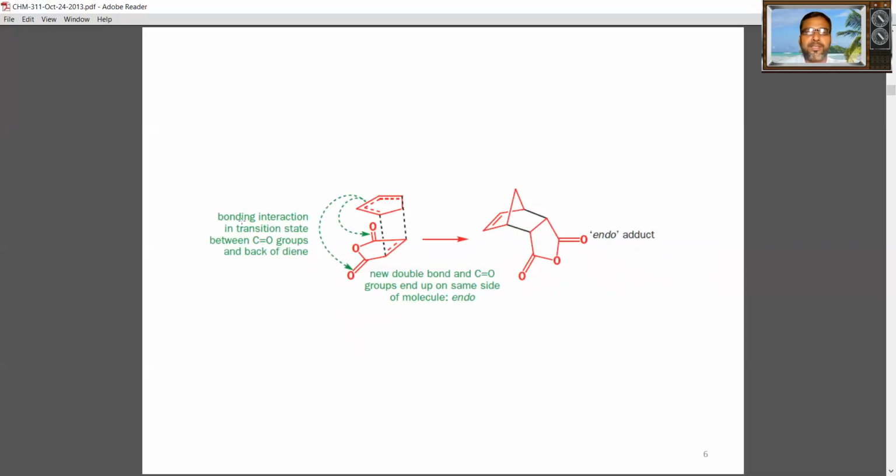Bonding interaction in the transition state between the CO groups and the back of the diene. So you have the diene and the dienophile. So new double bonds and CO groups end up on the same side of the molecule. So this is endo. You can see the endo product.